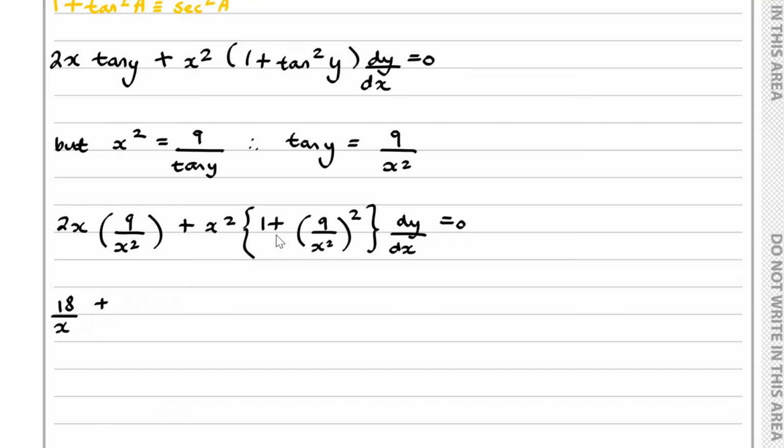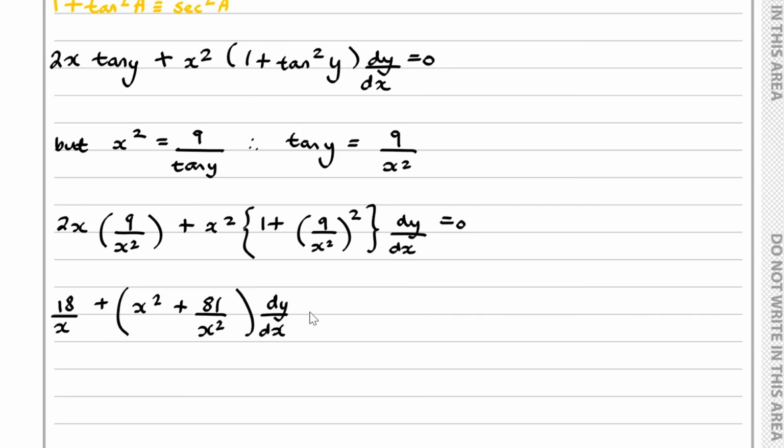And then here, if I multiply the x squared into here, we're going to have x squared. Now here 9 over x squared, squared, that would be 81 over x to the 4. And if I multiply that by x squared, we end up with 81 over x squared. And this is being multiplied by dy over dx.